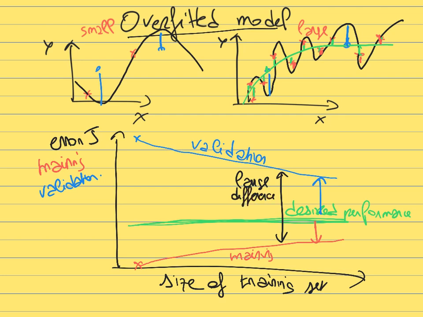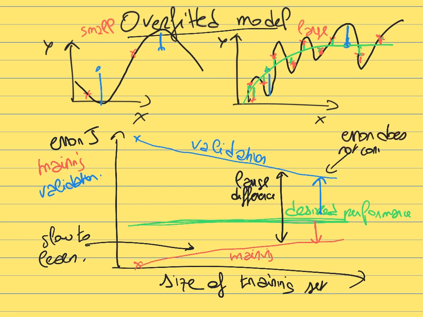The last signature of an overfitted model is that it's very slow to learn. It takes a lot of data points to learn. The way you can see that is that it takes a lot of data for the error to converge. The error seems to continue to decrease slowly with the size of the training set.